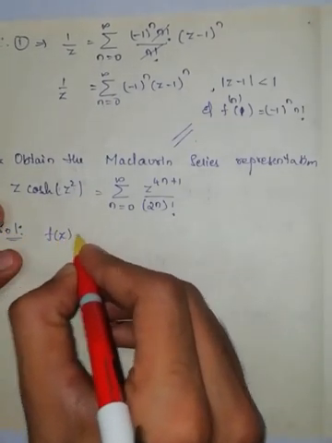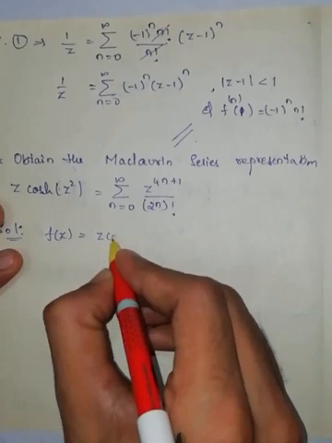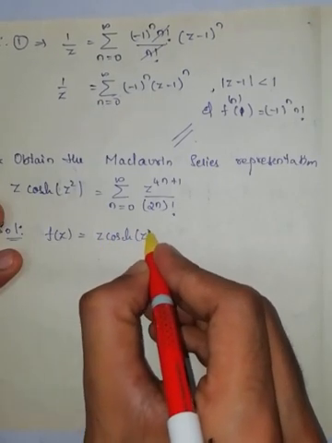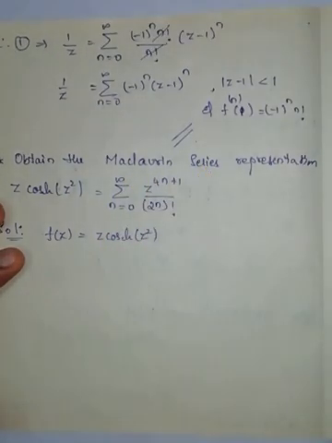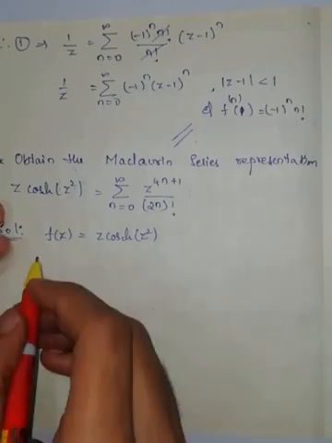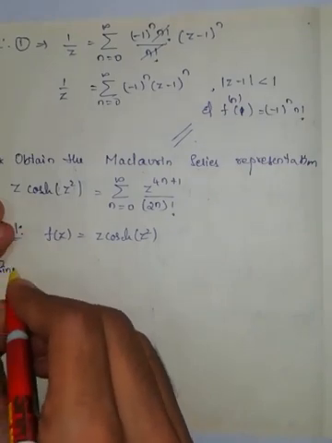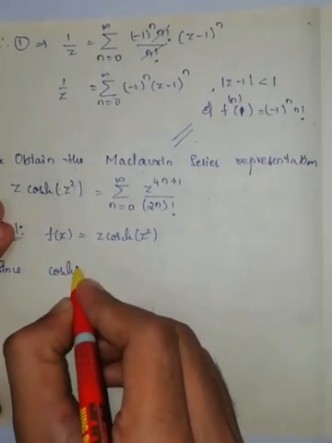f of z is equal to z cosh z². Since the Maclaurin series representation is at z0 equal to the origin, what is cosh z?